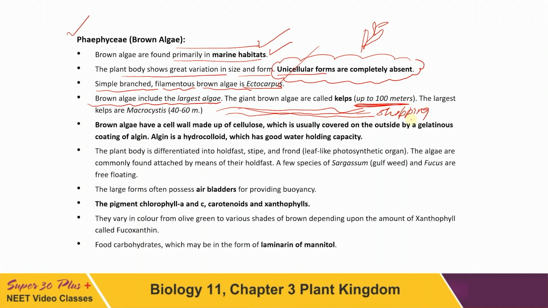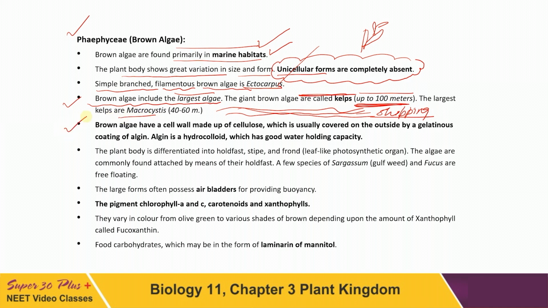They get entangled with the blades of ships, and in that way cause a problem. The largest algae are known as kelp. Their size may be even up to 100 meters. You have to remember this important point. Some examples are Macrocystis.